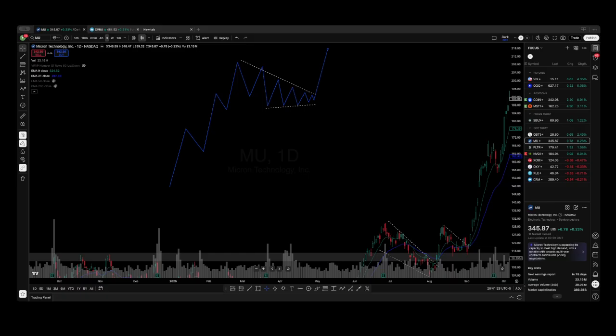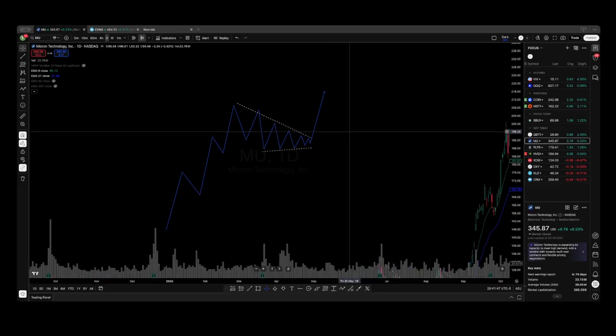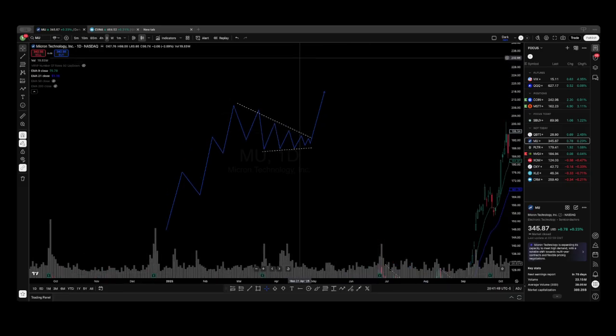With options, they'll buy on day one of a pullback, thinking they got a dip and this is going to rip the next day. What happens is they go long, like buying this dip here, and they're targeting up until, let's say, 230.